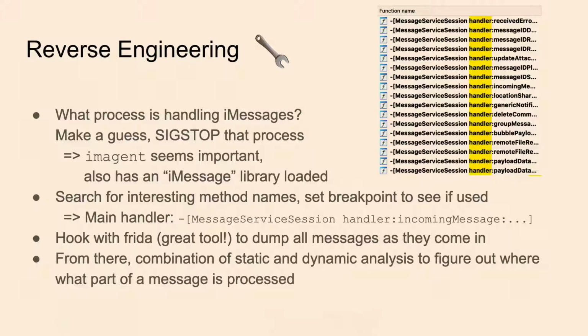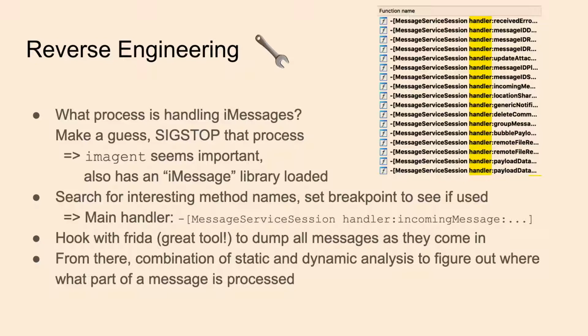Okay, but before we get to exploiting, of course we need a vulnerability, and for that we need to do some reverse engineering. So I want to highlight a bit how we approached this. The first question you might be interested in is what daemon or service is handling iMessages. One easy way to figure this out is to make a guess. You look at your process list on your Mac.